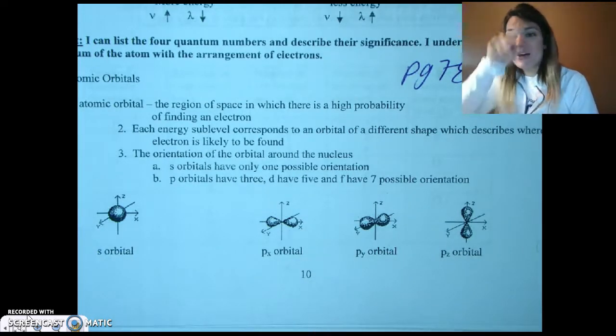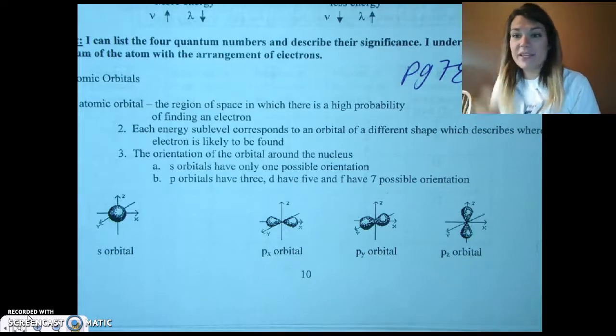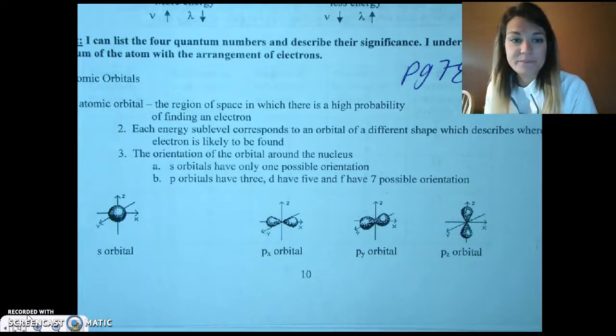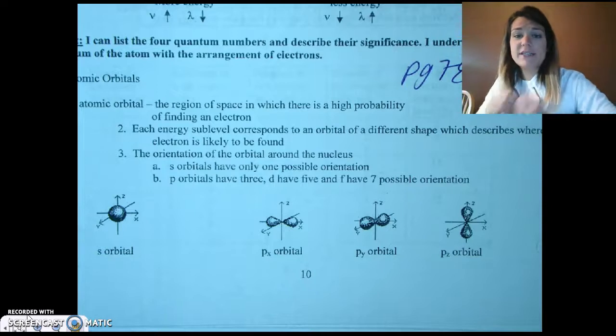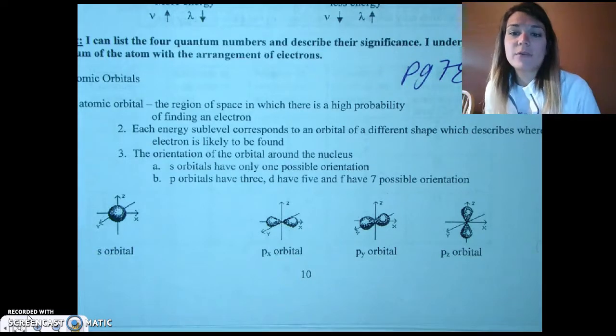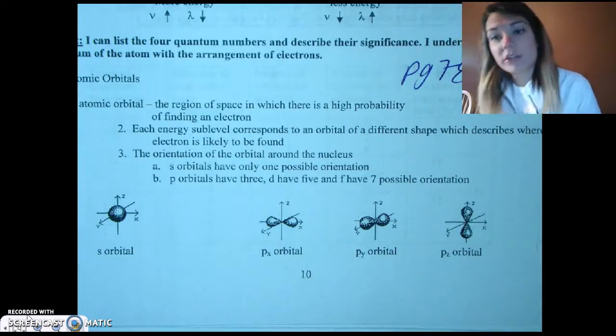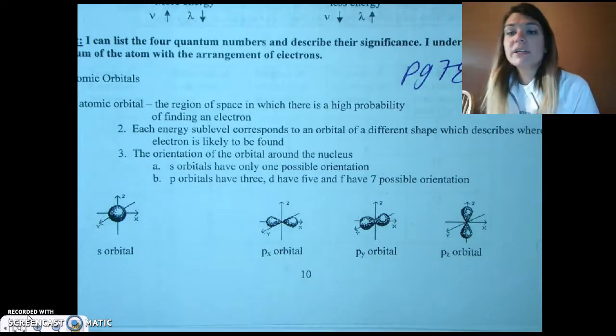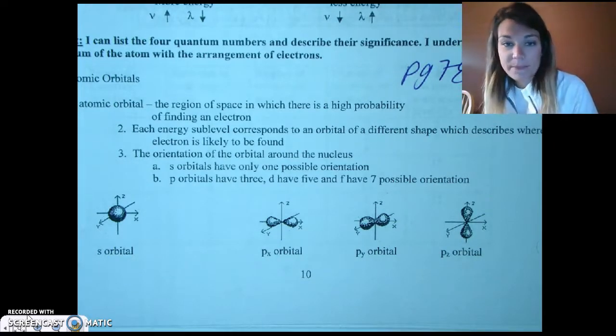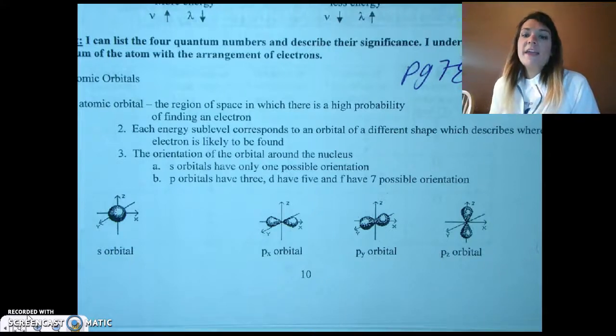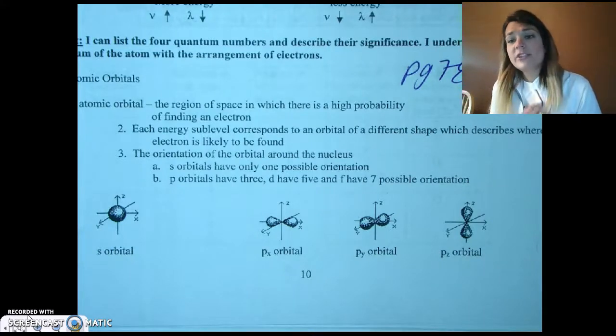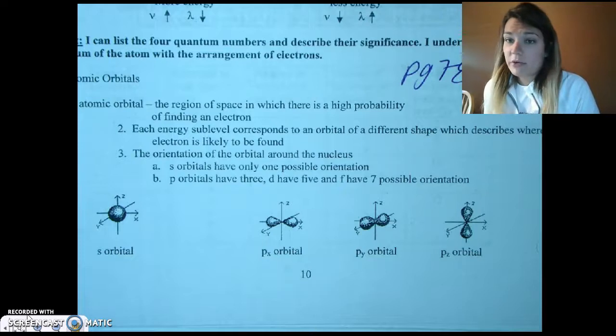Now we're talking about the electron being anywhere within that orbital region. Each energy sublevel is going to correspond to an orbital of a different shape to describe where those electrons are located. We're going to talk about shapes because we're giving these electrons a lot of space to possibly be, and the orientation of the shape is what it looks like around the nucleus.